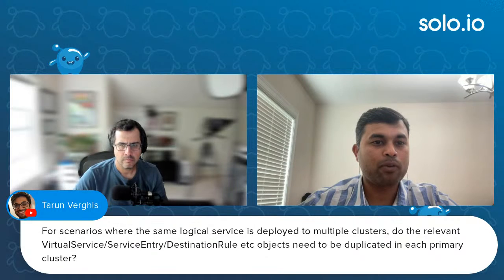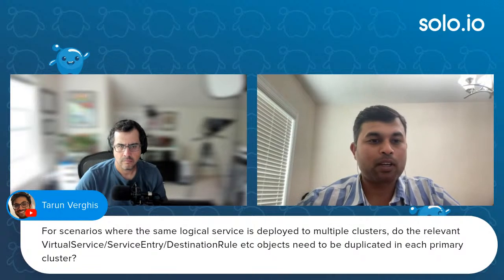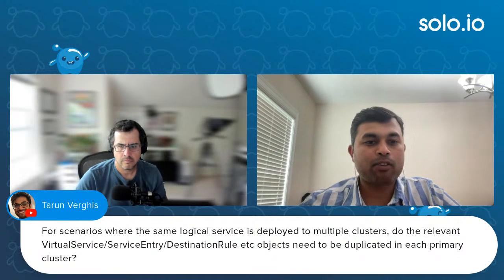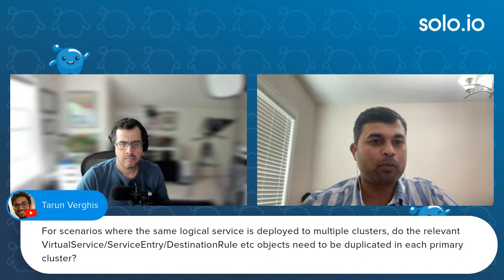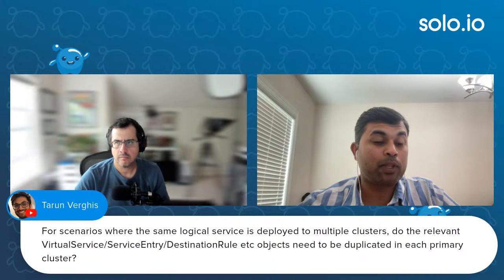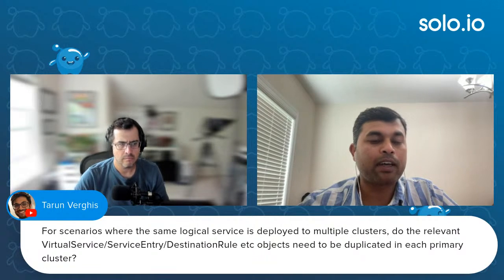If you're using auto pass through and you're exposing star.local, you don't have to. But in scenarios where you have different labels, different versions, but it's the same service, or just the same service without versions, there is definitely a requirement for you to duplicate some of these, especially the service entry piece and the virtual service piece, and then tie them back to the gateways.